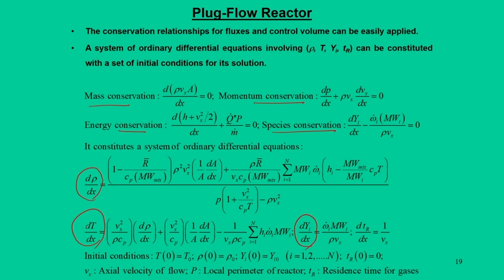These three terms need to be found out. The equation is big, but most of the things are known, and each equation can be written for individual species, and we can find the density change, temperature change and mole fraction change.